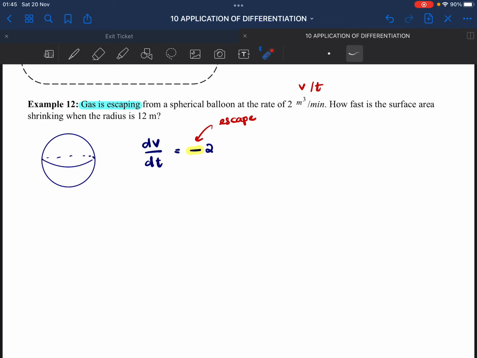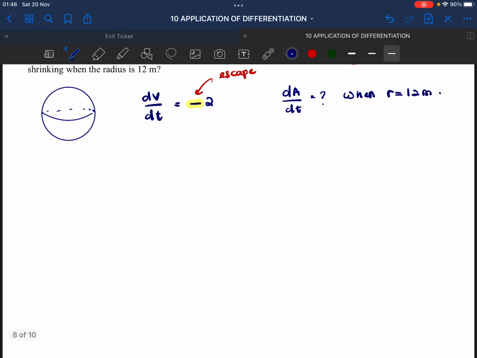When we say how fast, we are still talking about rate. So we have to find dA over dt, when r equals 12 meter. That is all we have.